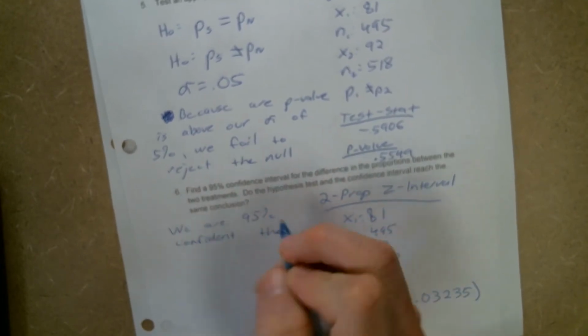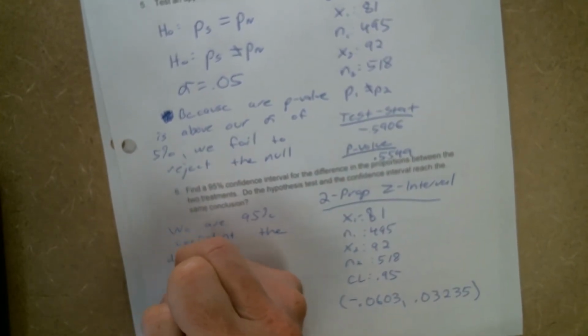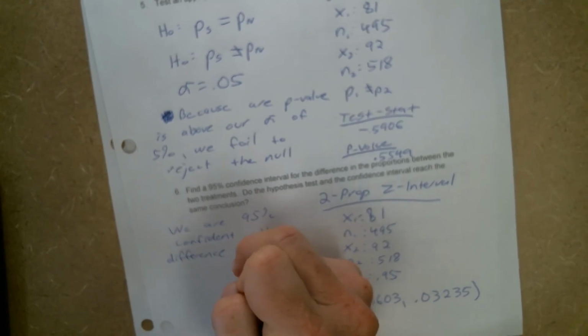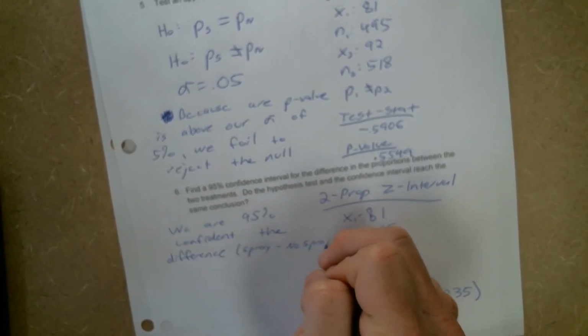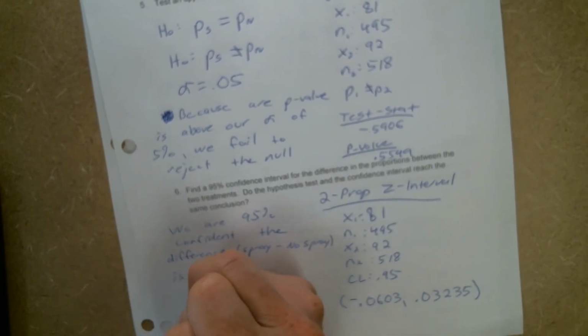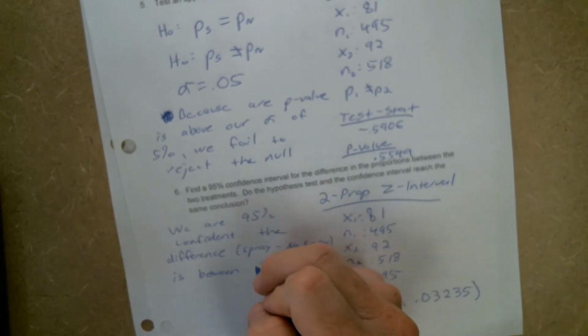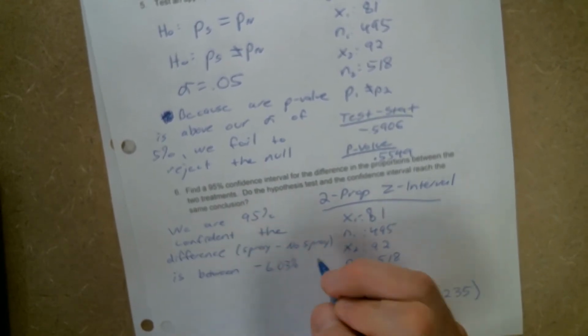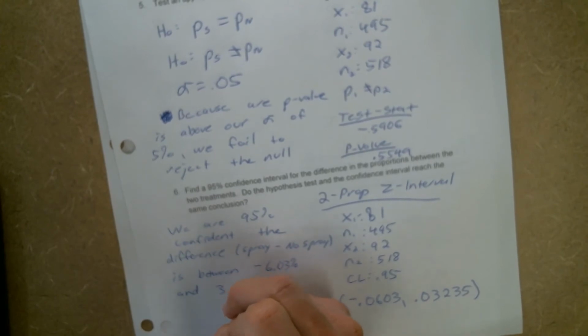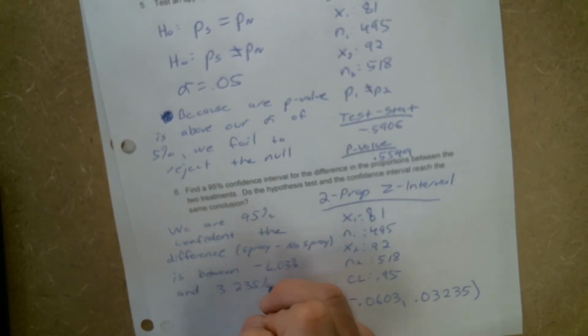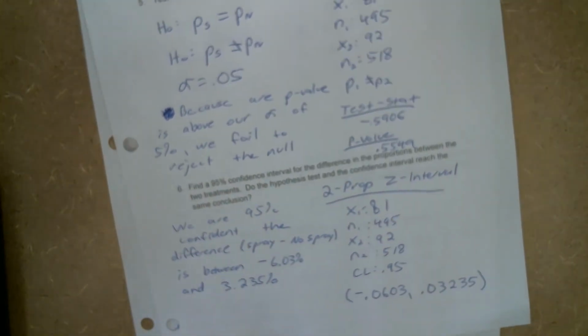So we are 95% confident the true difference, spray minus no spray, is between negative 6.03%, meaning the spray was actually worse, and positive 3.235%, meaning the spray did have a slight improvement.